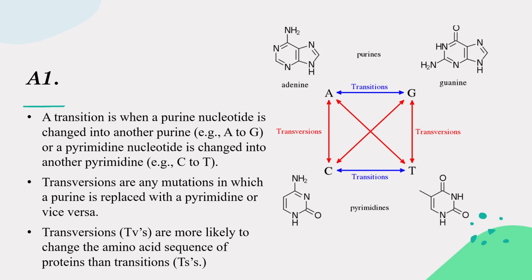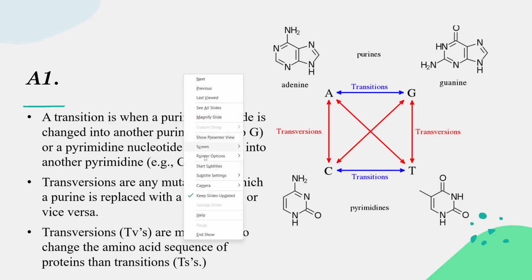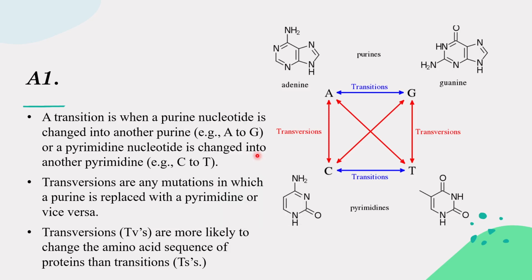Adenine and guanine, they all are purines, while cytosine and thymine are pyrimidines. Right? If you have any doubt regarding this, then you can question me in the chat box. You can ask me anytime.